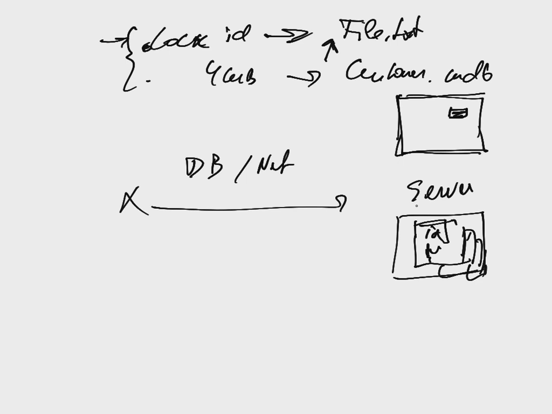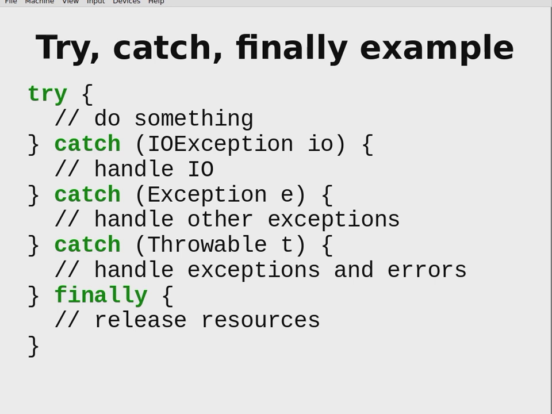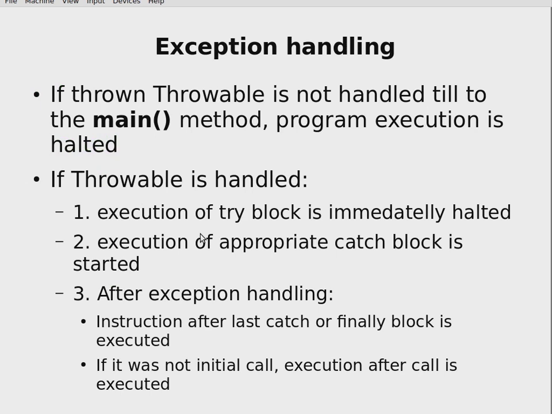But it's still important that you release these resources after some crash. And so if some throwable is thrown inside this try block, then execution of this block is immediately halted, and this created exception is provided to handlers.